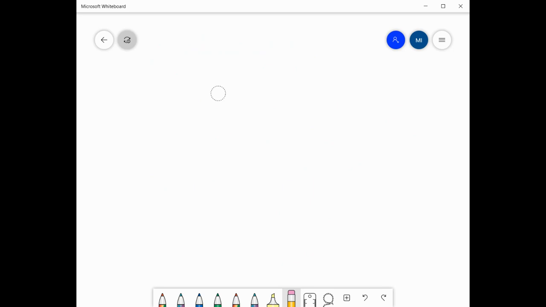Let us take a classic example of equilibrium. Suppose this bob is in equilibrium under the action of three forces. One is F acting horizontally, another is T, the tension in the rope, and the force mg is acting downwards.